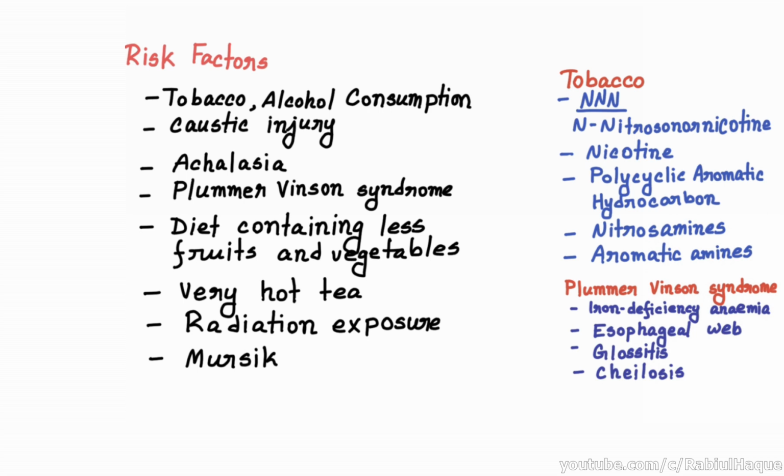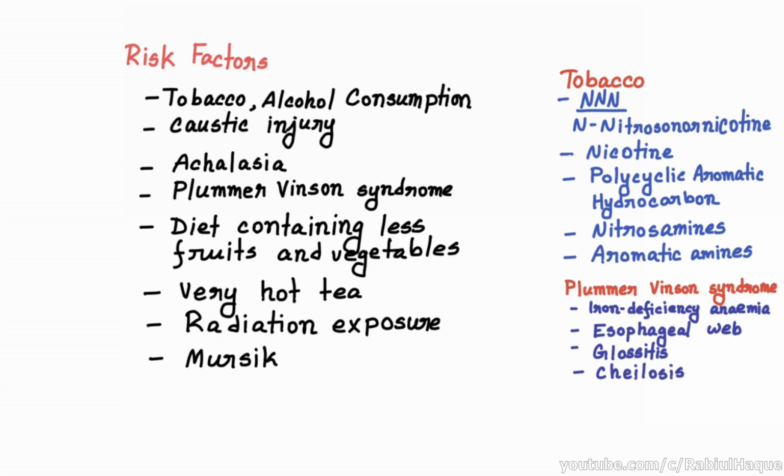But to summarize, always remember the risk factors that can lead to development of squamous cell carcinoma of the esophagus include tobacco, alcohol consumption, caustic esophageal injury, achalasia, Plummer-Vinson syndrome, diets deficient in fruits or vegetables, frequent consumption of very hot tea, previous radiation to the mediastinum, and, as we have already mentioned, consumption of the traditional fermented milk known as mursik, particularly seen in Western Kenya. So now let's talk about these various risk factors one by one.